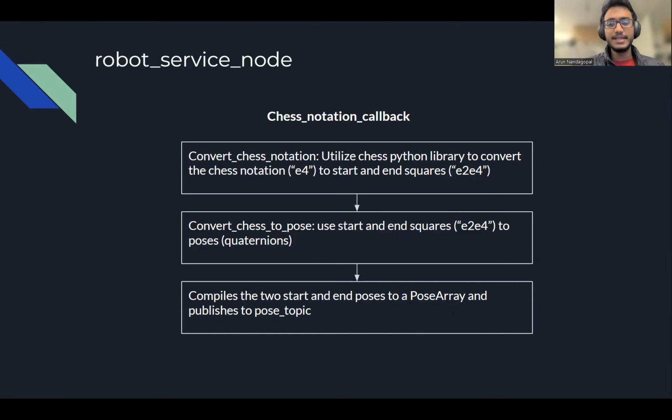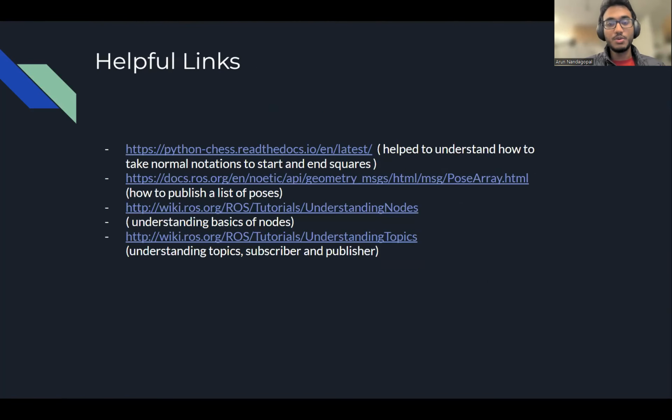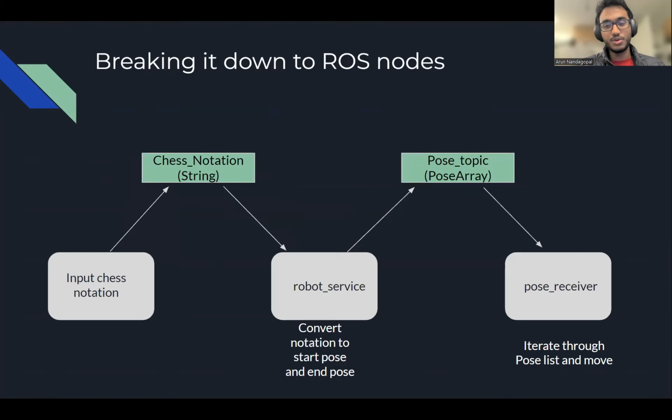Once all this is sorted and we have a list of poses, we publish this list of poses to our pose receiver, which contains all the sub functions for moving the robot, that is, the basic MoveIt tools to command the robot to move to a particular location.